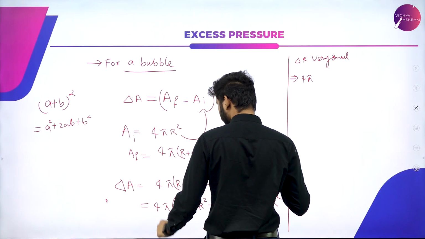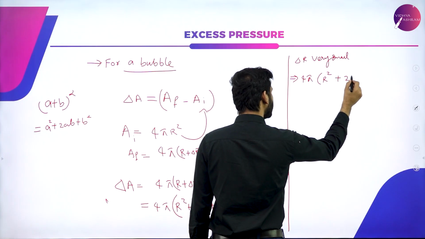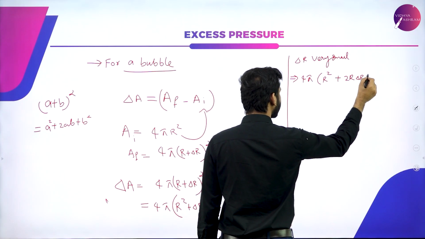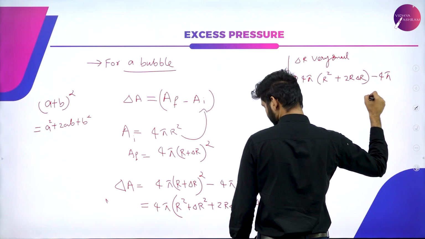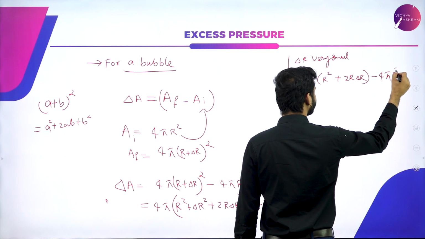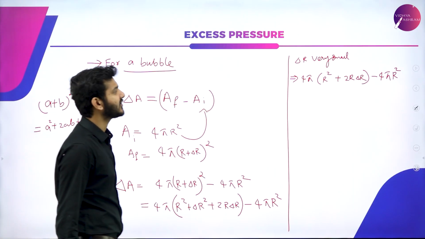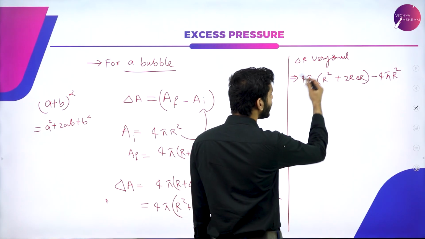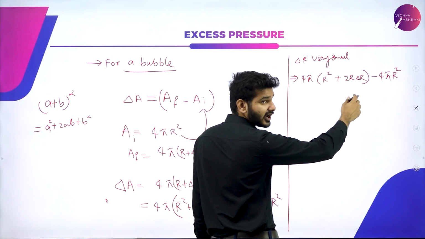which means this equation can be written as 4π[r² + 2rΔr − r²], which is equal to the change in area. So again, here if I open the bracket, there is a plus 4πr² and minus 4πr².